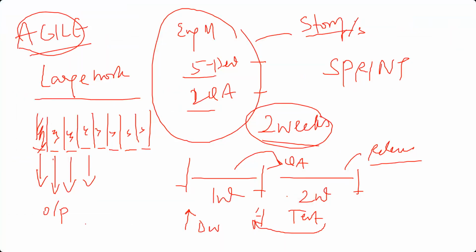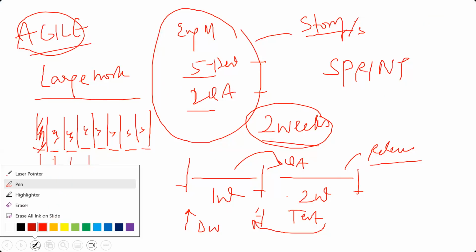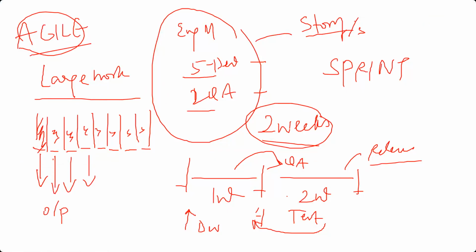What is the challenge? Because the duration is short, the product manager has to define the requirement very clearly. On the first day of the sprint, if the story is not clear, the developer may not be able to build properly and will be in confusion.